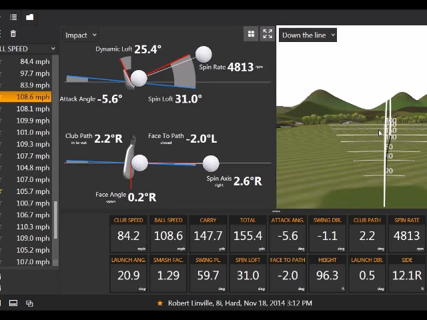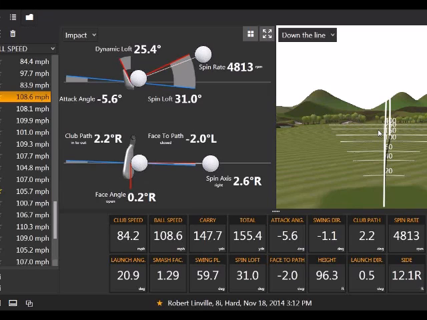This is actually from today. It was freezing today. This is actually from Mike Goodis, who plays on the Champions Tour. You can see all the numbers that are up there, the ones I really care about the most. If you go to the one everybody looks at first, how far did the ball go?